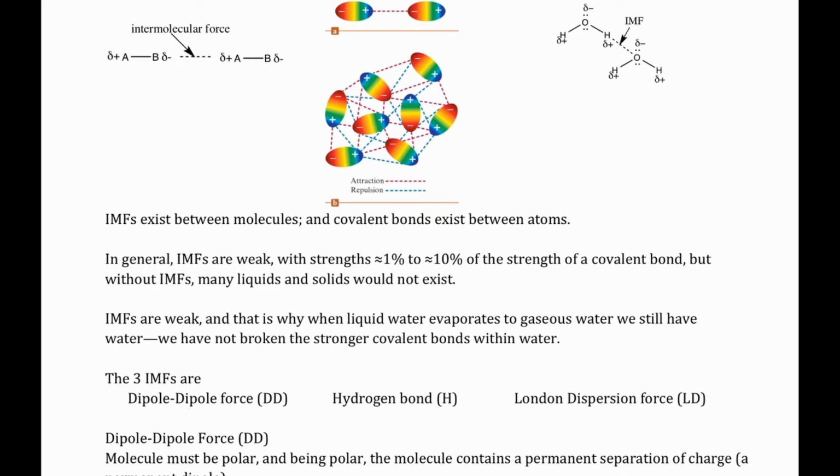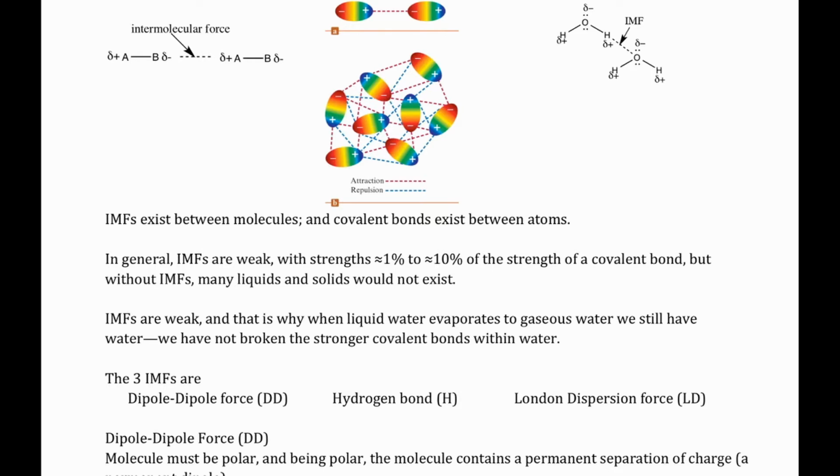IMFs exist between molecules, whereas a covalent bond is between atoms within a molecule. In general, IMFs are weak, with strengths 1 to 10% of the strength of a covalent bond.